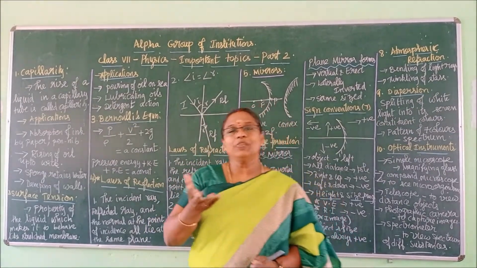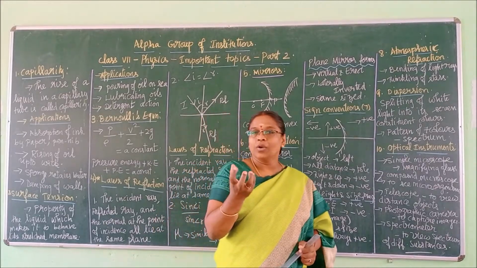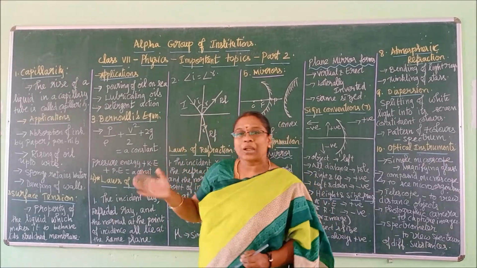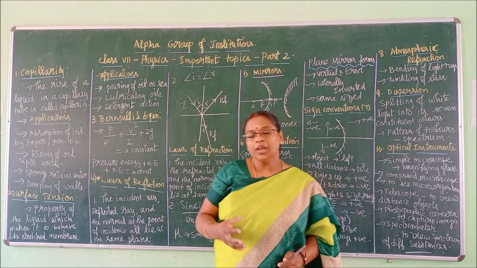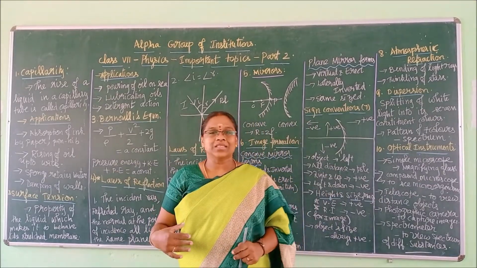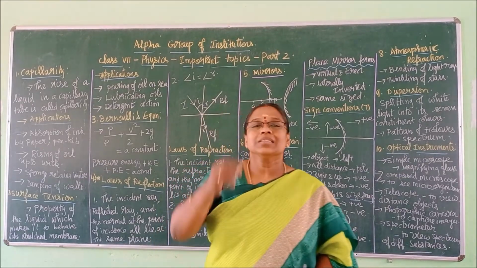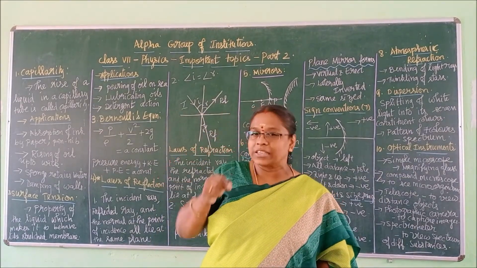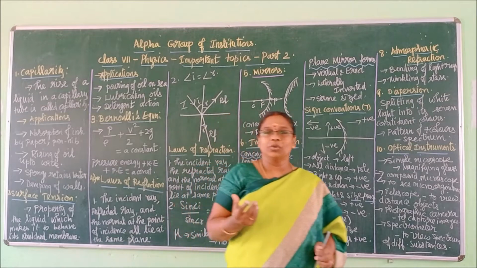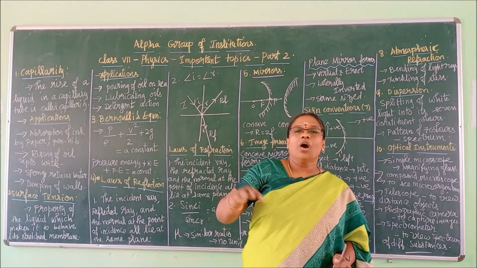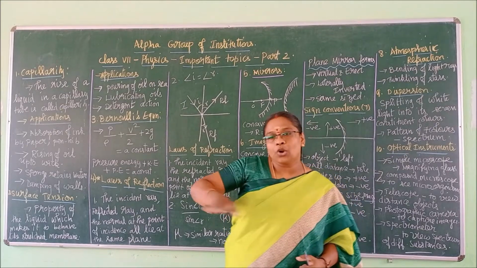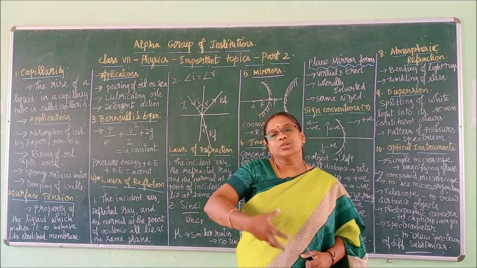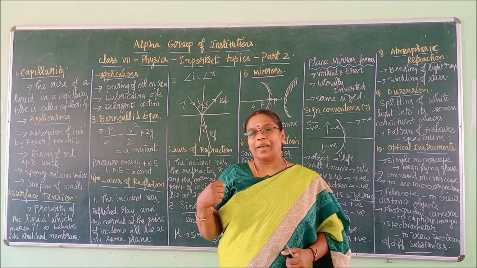For example, if you have a sponge, the ordinary sponge we use to rub the board, when you pour water on it, it will absorb as much water as it can. There will be small holes in it, right? Even with chalk, if water is spilled or ink is sprayed, what do we do? We roll the chalk on that, so that the ink gets absorbed by the chalk.